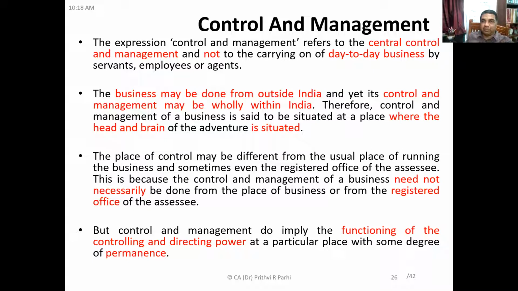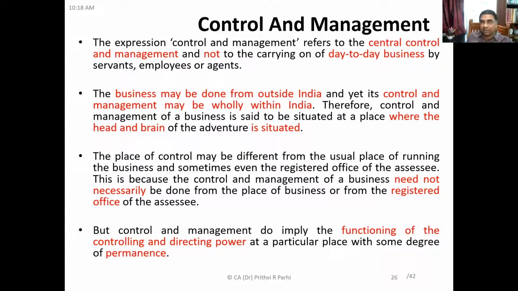Business may be done from outside India, and yet the control and management may be wholly within India. There is a possibility that business is, let us say, running from outside India, but the whole of its control and management may be in India.